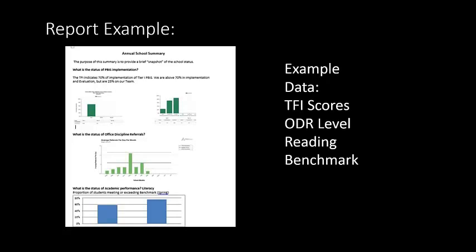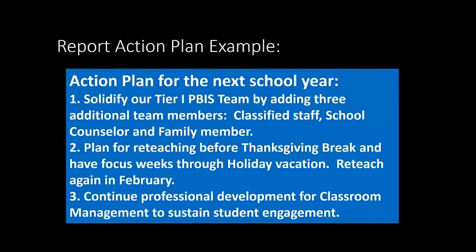And so you can see that they're about 70% of their TFI scored in the lower range on their team, 25% on the team. Office discipline referrals, you could see that they had a couple of months that were peaks for them. But they did see improvement also in their academics in the spring in their academic benchmarks for literacy. So from that, they created an action plan for the next school year. So solidifying their team, planning for reteaching, and continuing for professional development.